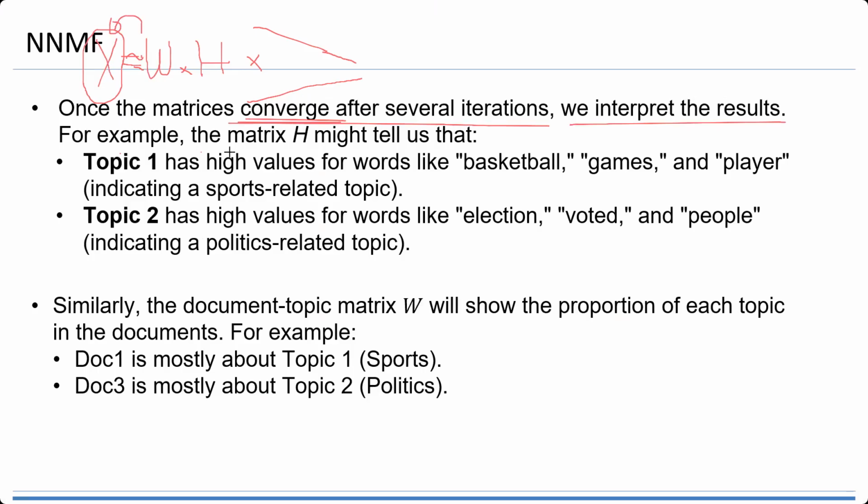So for example, the matrix H might tell us something like this: topic 1 has high values on basketball, games, and player, and topic 2 has high values on election and people. So we can do some interpretation.